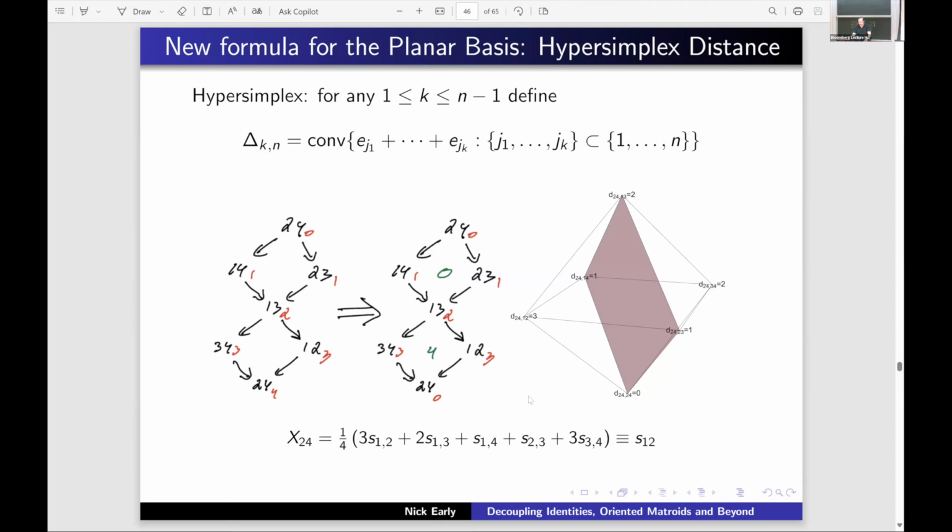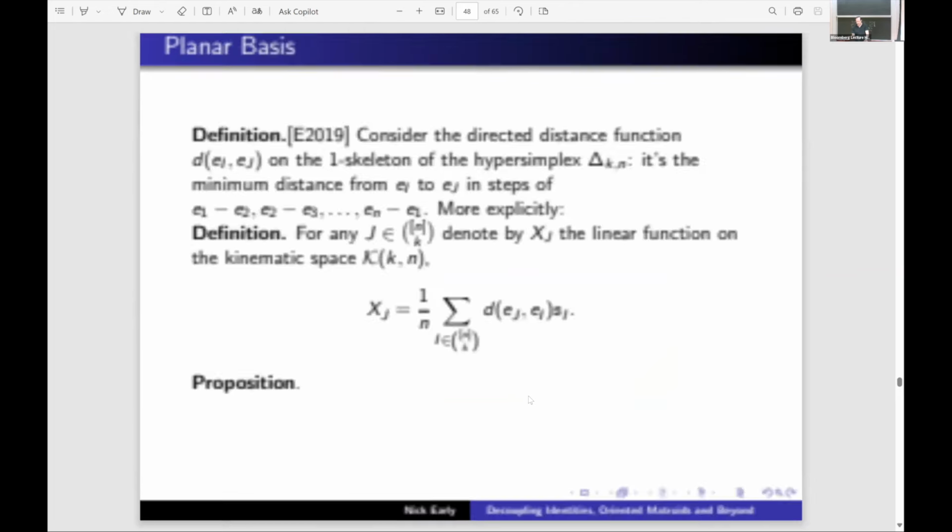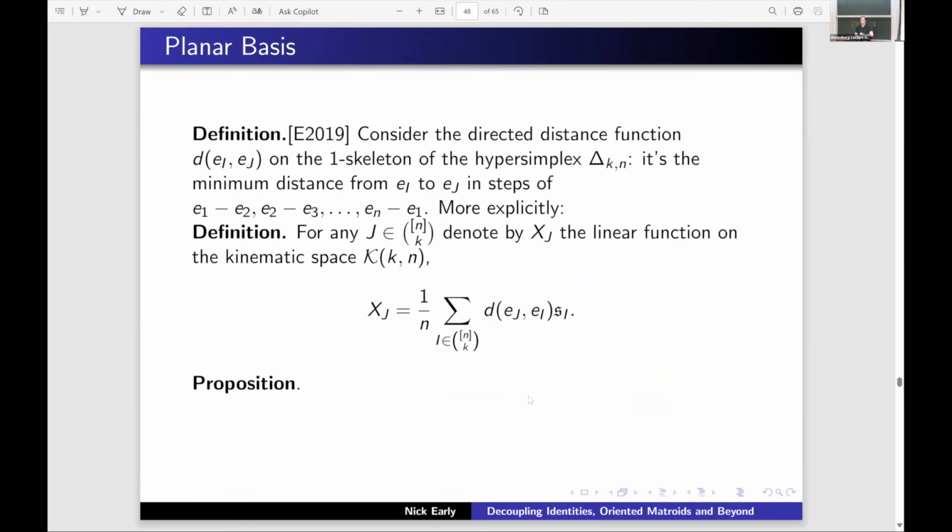Yeah, so in general, I believe I have the formula in the next slide. In general, the prescription is the following. For any vertex of the hypersimplex, we're going to define a planar kinematic invariant, like X_ij.